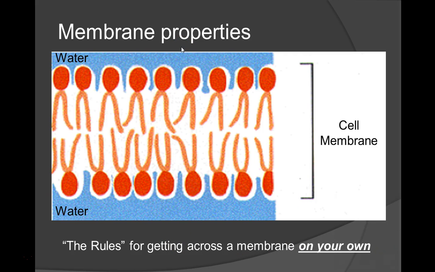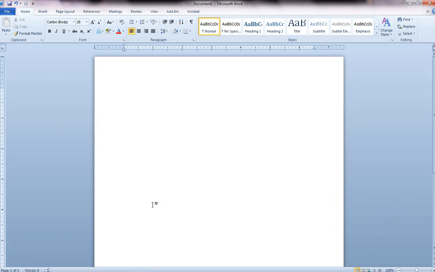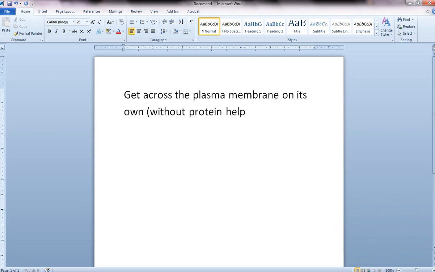Okay, so let's just take a minute and write those out. So get across the plasma membrane on its own, which means without protein help, if one, they are small, and two, either hydrophobic or mostly hydrophobic.